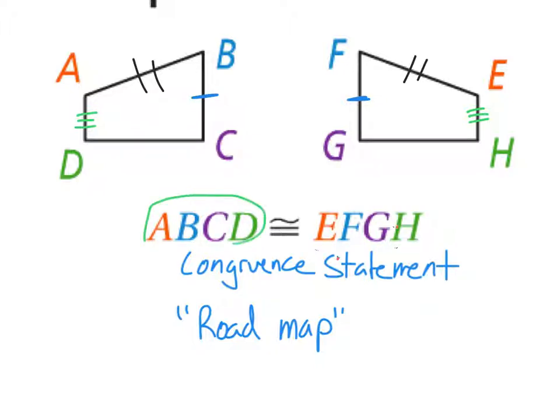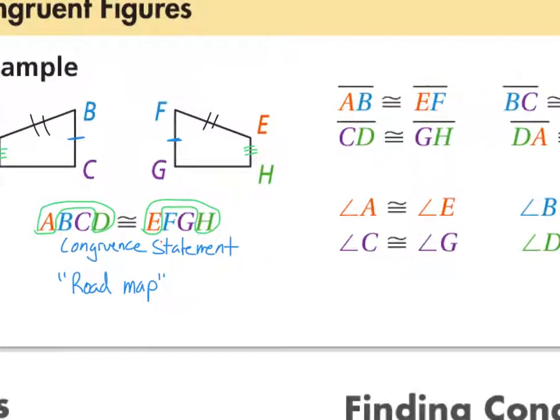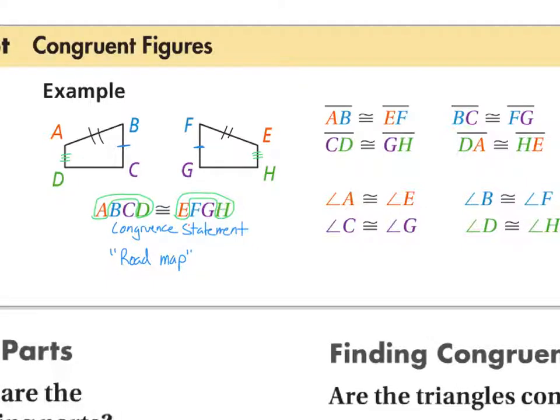AD, first letter and last letter. EH, again, first letter and last letter. They're in corresponding positions, not only in the shape itself, but in the roadmap, the name, that congruent statement. Okay? So that is what is meant to be congruent figures, is that all corresponding parts are then congruent.